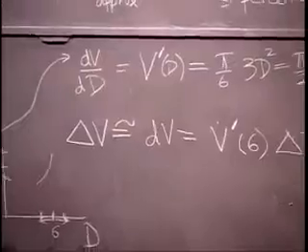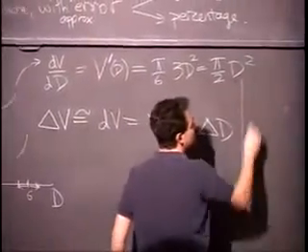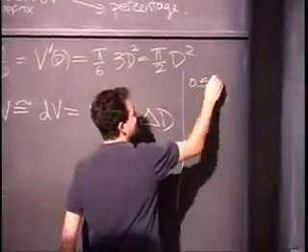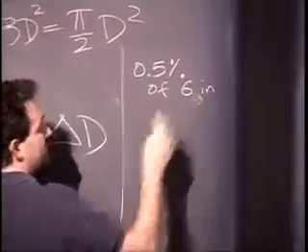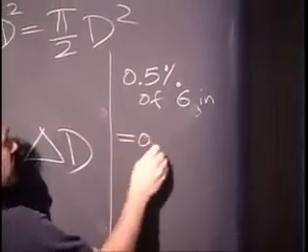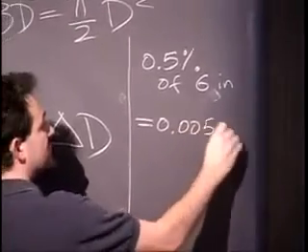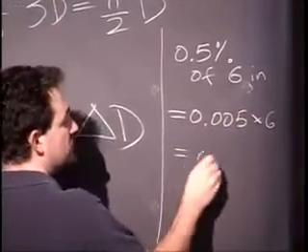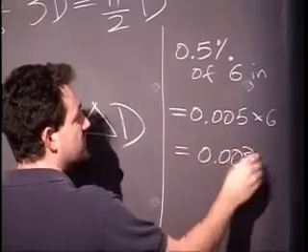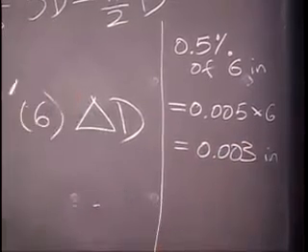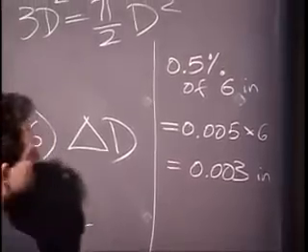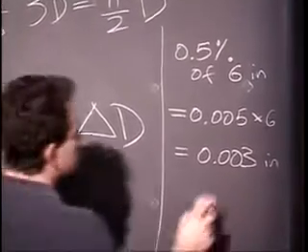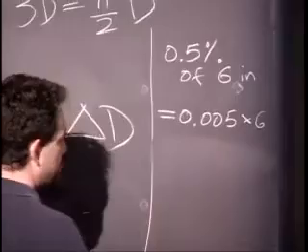So I better take a little sidebar over here and say that 0.5% of 6 inches is actually equal to 0.005 times 6, which is equal to 0.003 inches. So in absolute terms, I've measured, is that correct? 0.003, it's not 0.003, it's 0.03.